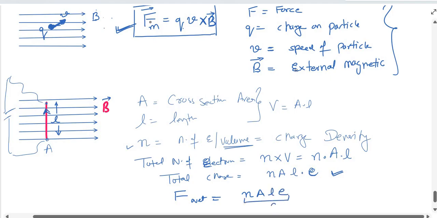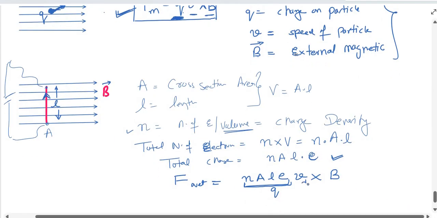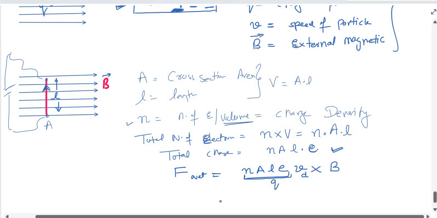This is the part Q. In this formula we need Q, V and B. So the total charge is nALe into V cross B. And V is the velocity of the particles in the wire, which is nothing but the drift velocity. So let me call it Vd.